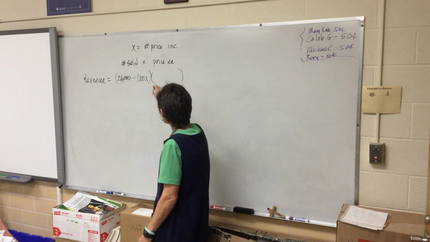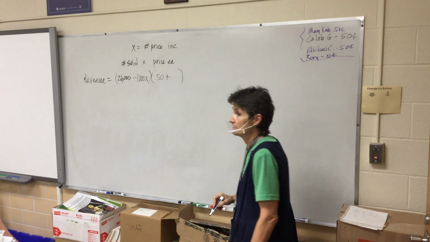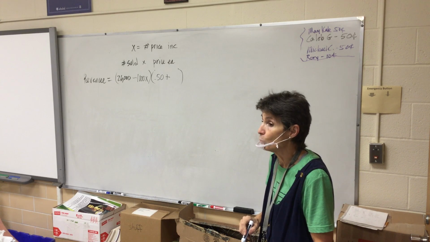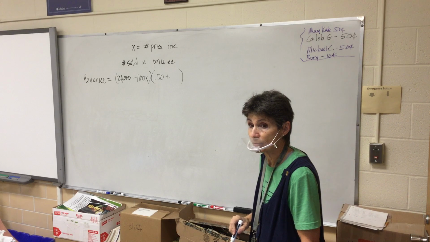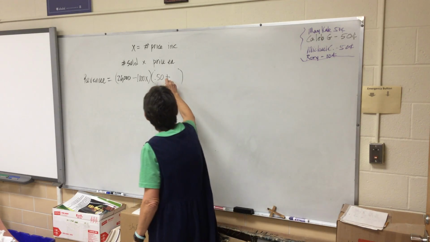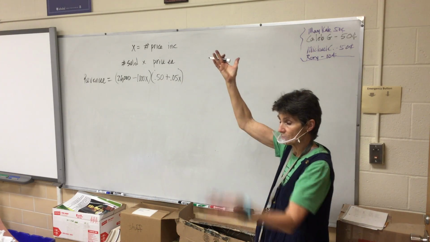Now my cans originally cost 50 cents, right? That's going up in increments of what? 5-cent increments. So my price is going up, my sales are going down.